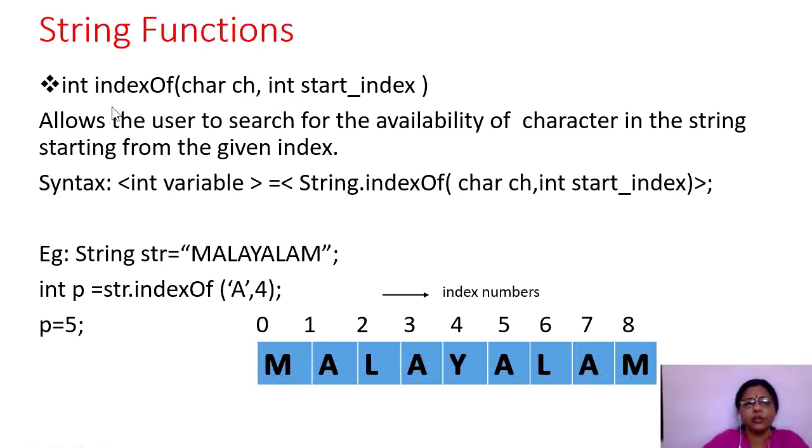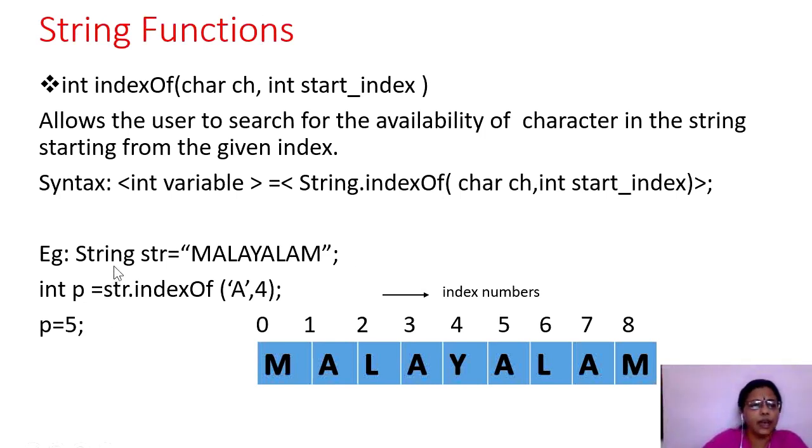So the difference is indexOf can be used in two types. One is you look for only the position of one particular character in the whole string, that is the first position. The other one is you look for a particular character starting from a particular position. Clear? So don't worry, we will go into the example, then we will come back here.